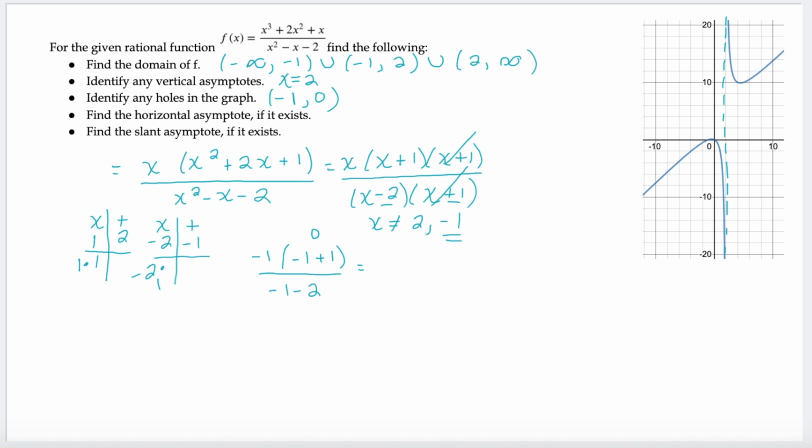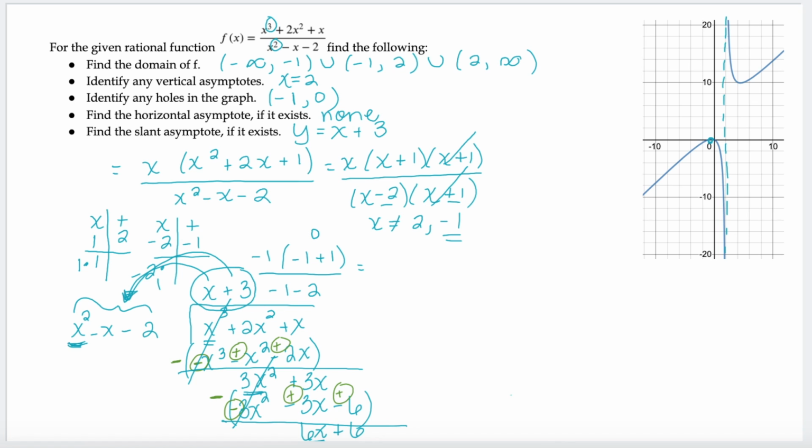So at -1, 0, so right about here, there will be a hole in our graph. Looking at where our slant asymptote would be, here's +3, and we're going up 1, over 1. We can see that's going to get super close if I was more accurate with my drawing here.